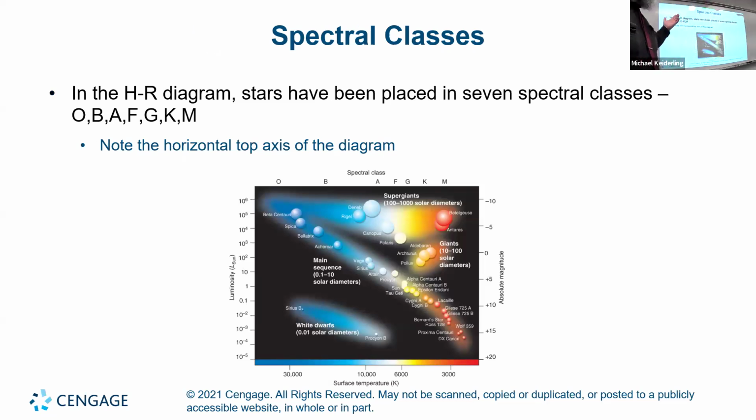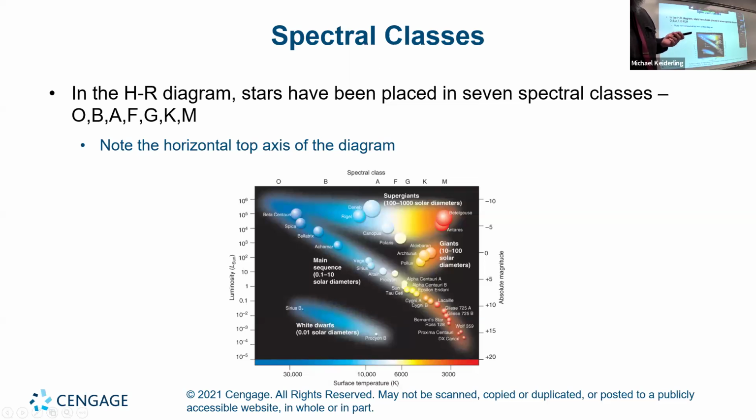And so the stars have been placed into 7 spectral classes. The letters seem kind of random. That's because the original set of classes was based off the strength of a particular line in the spectrum.